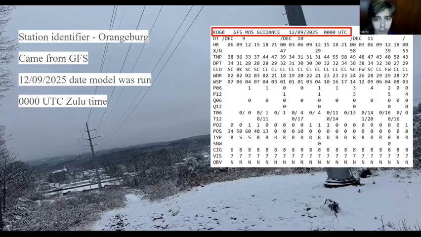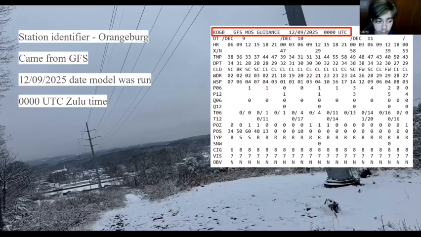Cool. Zero Z is UTC, Zulu, okay? Really what this means is that when this screenshot was obtained, you go back 5 hours to know the time in Eastern.